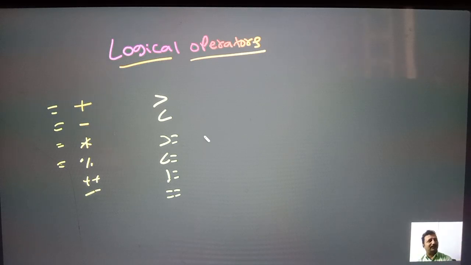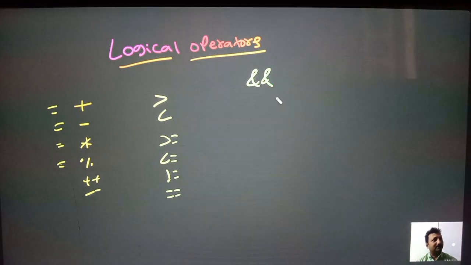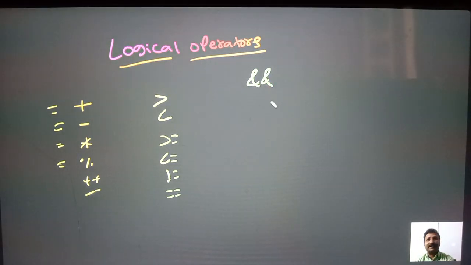How many conditions do I have to check? 6 conditions. To pass or fail in English, only one condition is sufficient. To pass or fail in 10th, I need 6 conditions. In that case, these logical operators come into the picture. If you want all the 6 conditions to be satisfied, use the logical AND operator. If any one of the 6 conditions needs to be satisfied, use the logical OR operator.